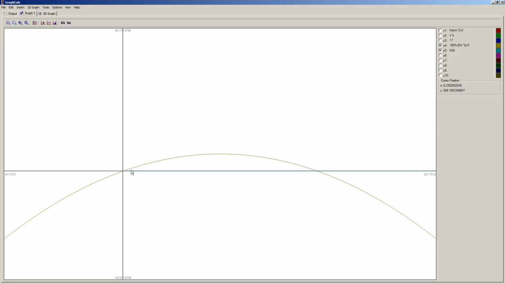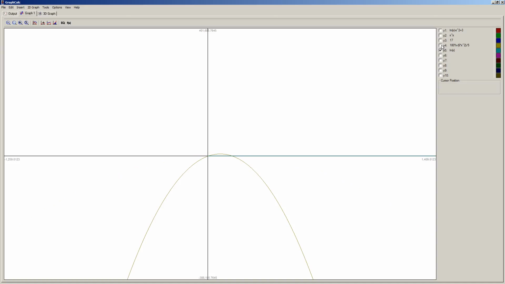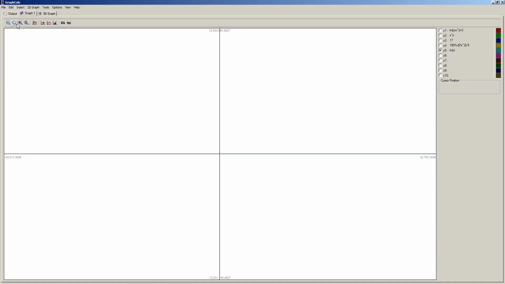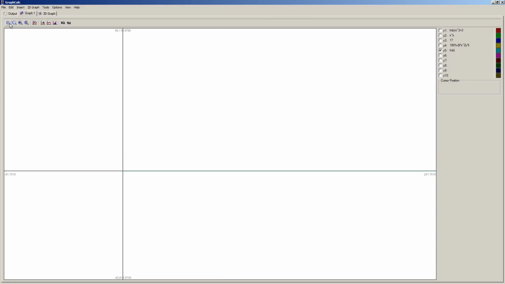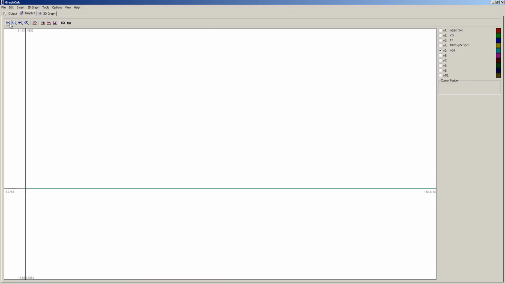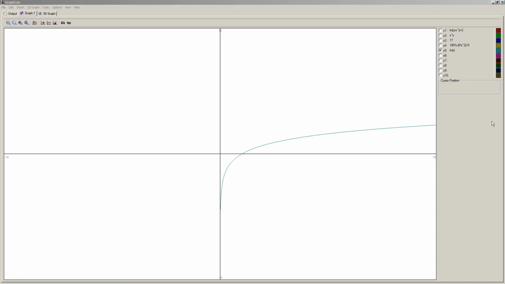I probably need to zoom in on this. There we go. So this is what this function actually looks like. You can see I have to go up rather high to get to 15. So let me plug this in. That was probably a bad example, but let's just go with it.